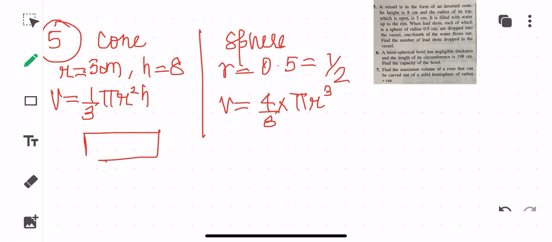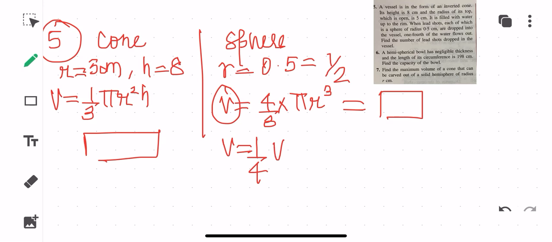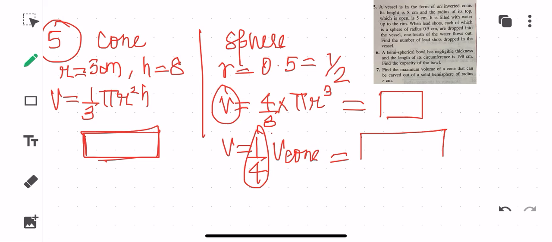Now, this volume of the sphere is actually equal to 1/4 of the volume of the cone. So whatever volume you have calculated here, children, you will take 1/4 of it, and then you will calculate the value.